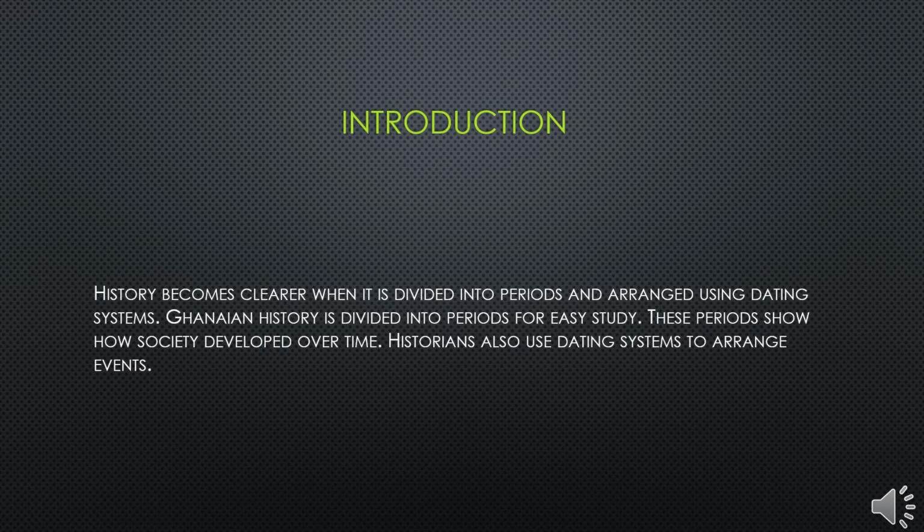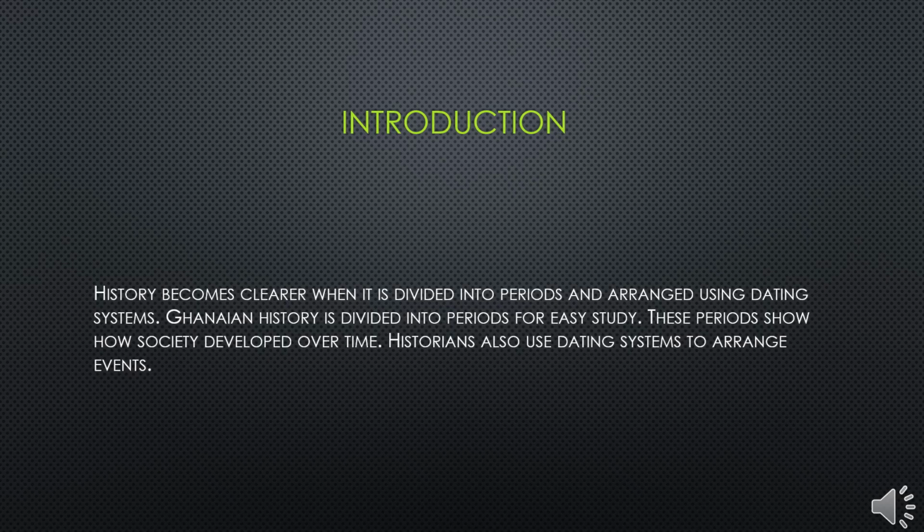That is why, by knowing the dating system and the major periods in which those events occurred, you'll be able to arrange historical events in order so that they become meaningful for ordinary people, even those who are not historians. When they read it, they will get the meaning and understanding of each point that you state in your write-up.